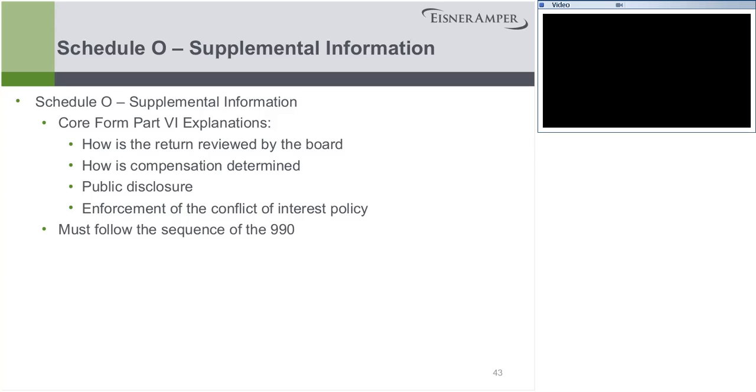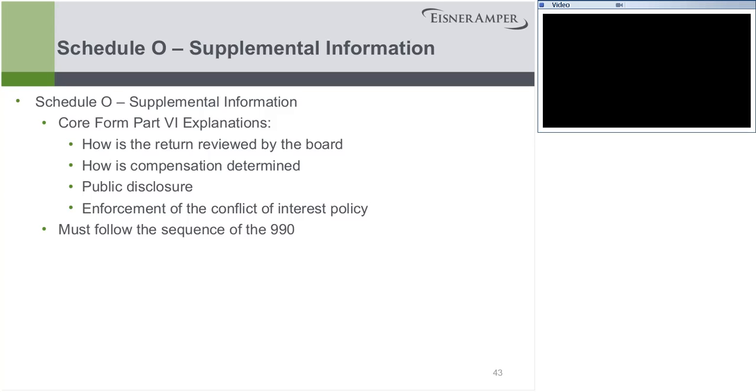So what you would see is they would check no. Then you could go to Schedule O and it would say, with legal counsel, we have adopted the conflict of interest policy, code of ethics, whatever it might be, but it was enacted 3 days after year end. So that makes me feel much better. Now I actually feel much more comfortable with the organization, but I wouldn't have known that if I hadn't gone to Schedule O. Okay.